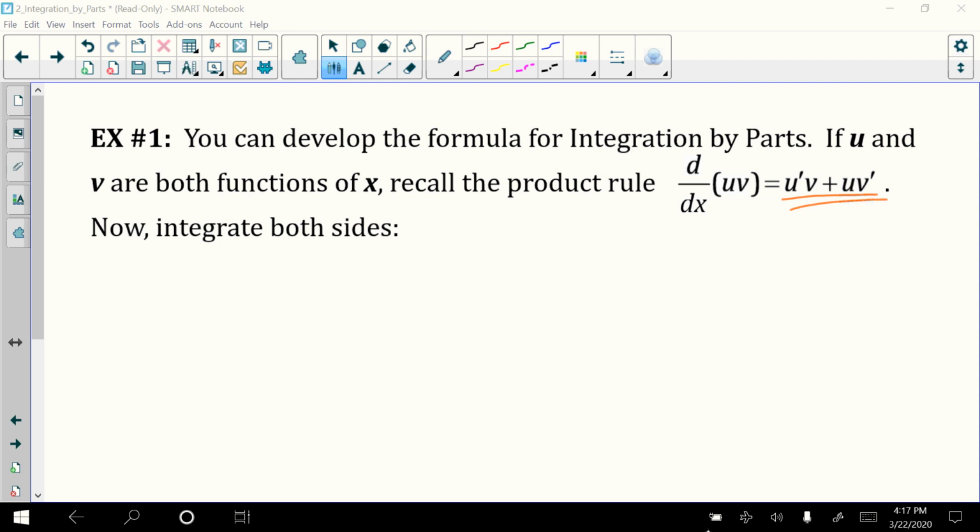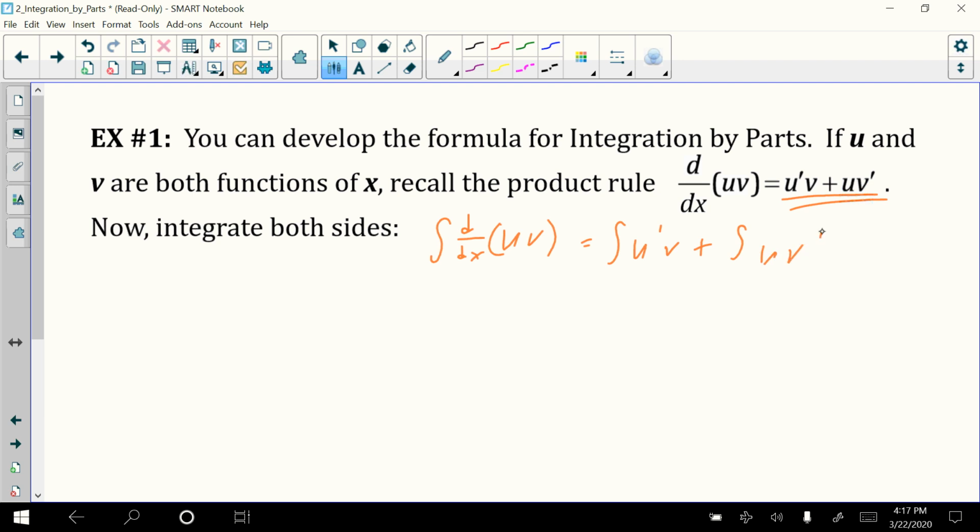And so starting off, we're going to say, let's do the integral of the derivative of uv, and we have the integral of u prime v plus the integral of uv prime.